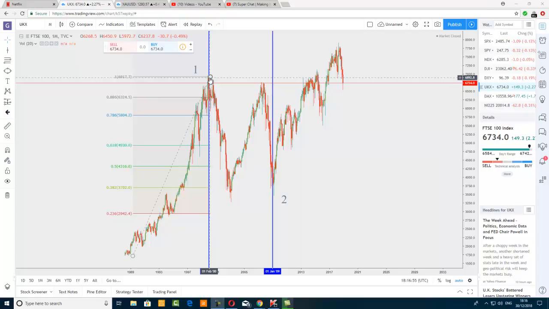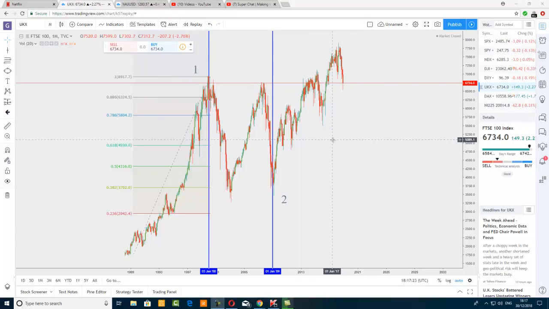In that case, it is only a portion of a bigger correction. Did you get that? Normally, a normal third wave should extend up to the 161.8% Fibonacci extension level of the first wave. So when we are labeling something a third wave, we need to compare it and see, does it reach at least the 161.8% level?